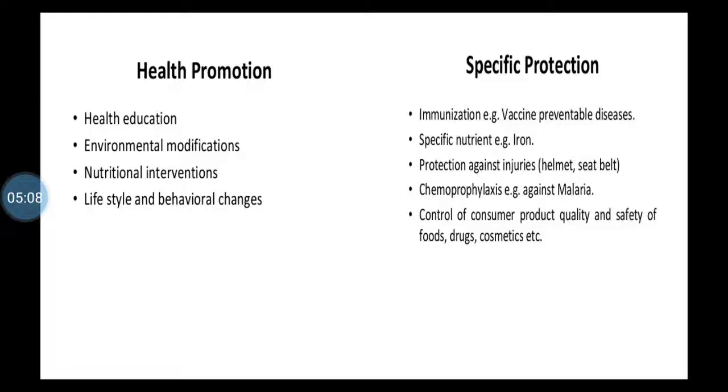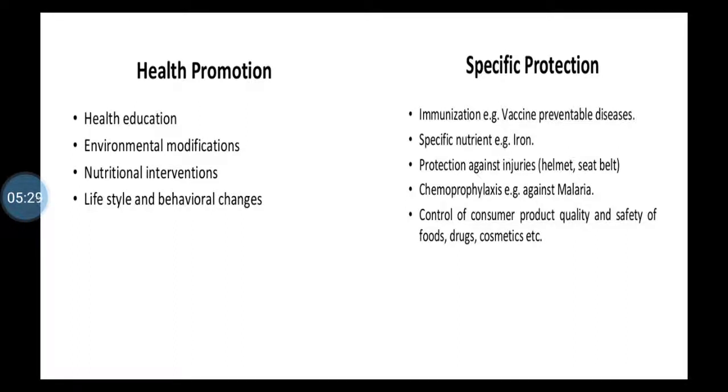Now, what are the healthy ways of living? First of all, maintenance of healthy environment. Then personal hygiene, taking care of hygiene. We have studied in the very first lecture about personal hygiene. So here personal hygiene and environmental hygiene, both will come under health promotion measures.